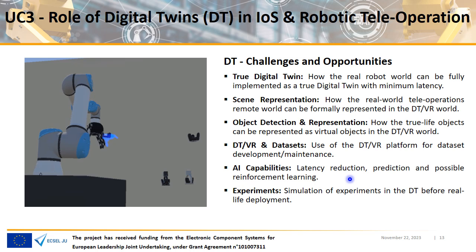It's not impossible, but it is going to be an area that will need a lot of technological developments. I've listed a number of them. I'm not going to go through them in detail, but things like how to represent the world at a remote end, object detection and representation. That's how true life objects can be represented as virtual objects in a digital twin virtual world.